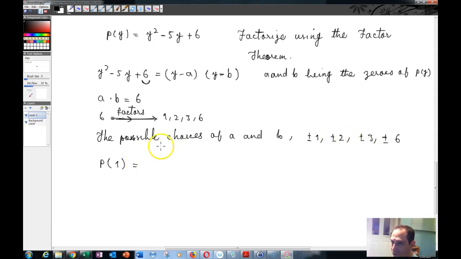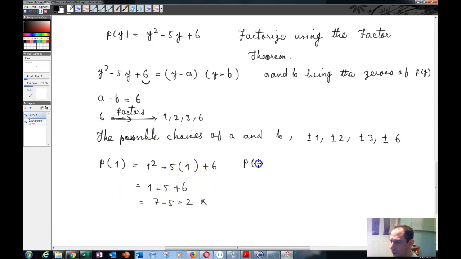So P of 1, for example, would be 1 squared minus 5 times 1 plus 6, and that's equal to 1 minus 5 plus 6, which is 7 minus 5, which is equal to 2. So this is not the right number.